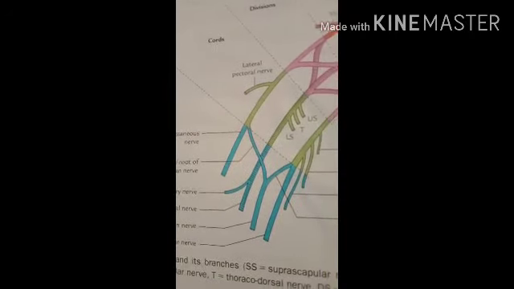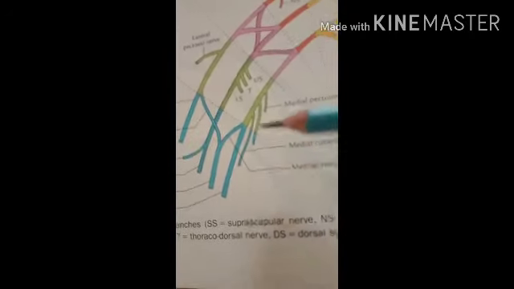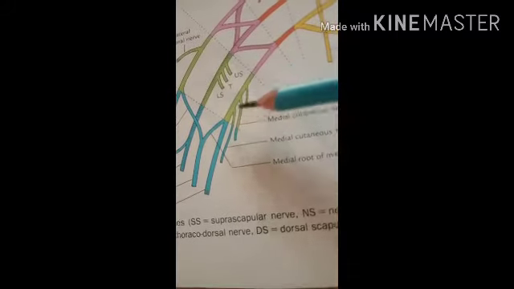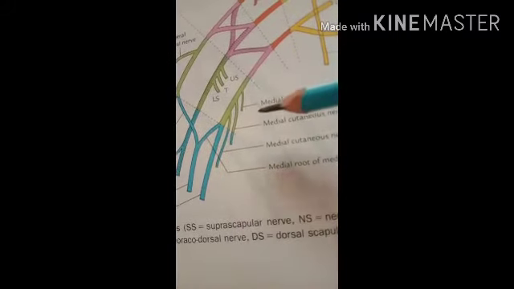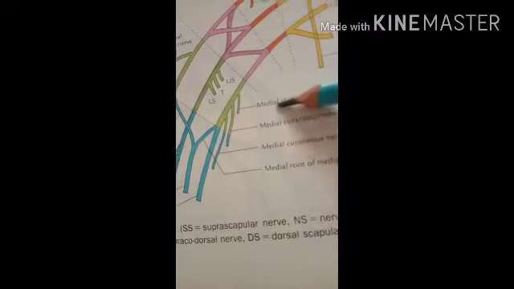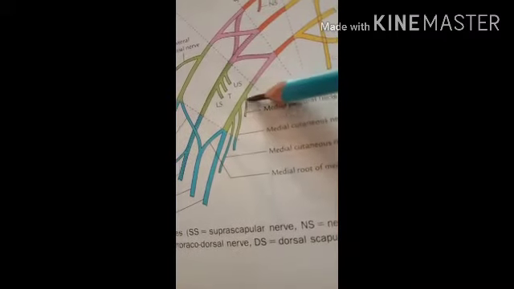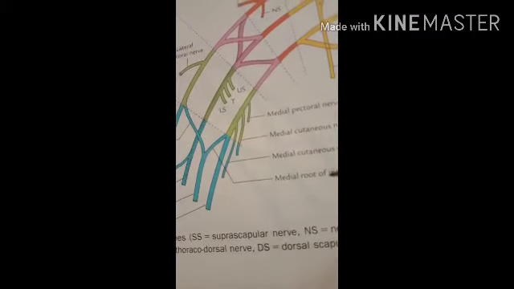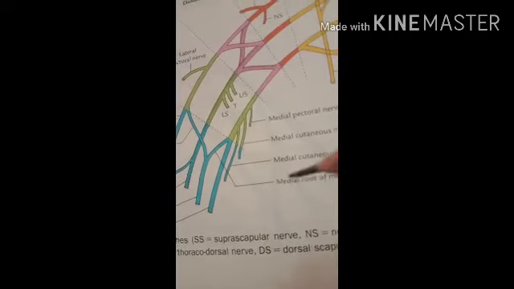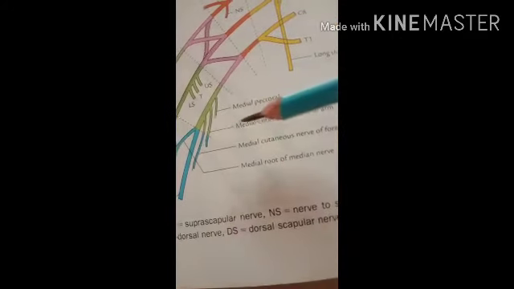Then the branches from the median cord. The median cord gives the medial pectoral nerve as the first branch. The second branch is the medial cutaneous nerve of the arm. Then the next one is the medial cutaneous nerve of the forearm.